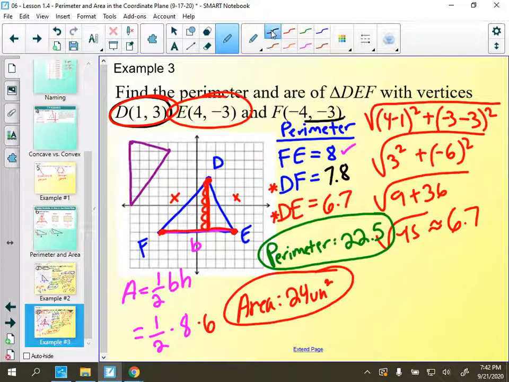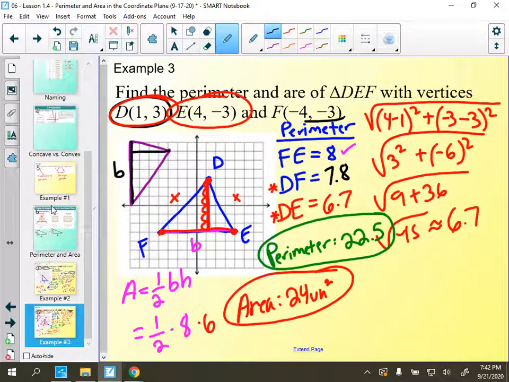I'd be looking at either rotating my paper or saying, hey, this is a vertical line now, let's call this our base, and then I can end up using that for my height. So don't feel like you always have to use the base that's on the bottom as you look at it. You can rotate your paper and use any side you want to be your base. Pick a convenient one so we can maybe do some counting like that.